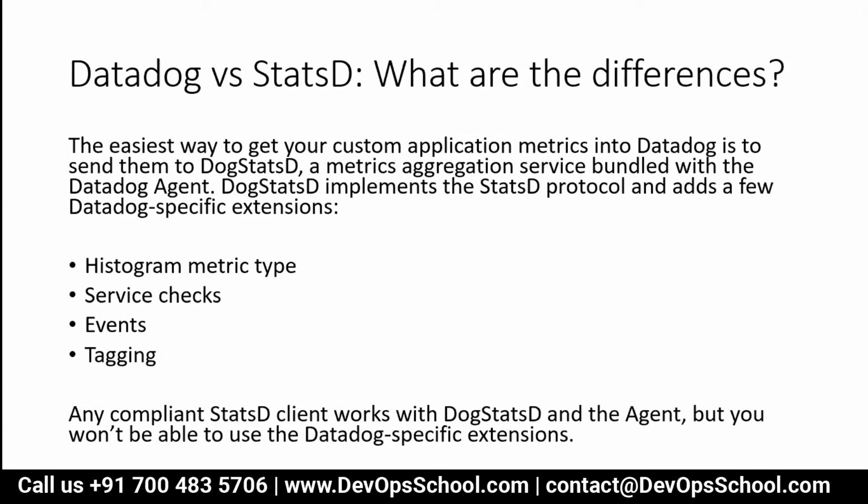The aggregation service bundled with the agent, DogStatsD, implements the StatsD protocol and adds a few Datadog-specific extensions also. One is the histogram metric type, service checks, events, and tagging. So the histogram which you get is because of DogStatsD.